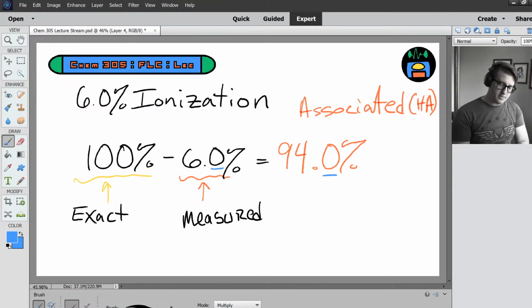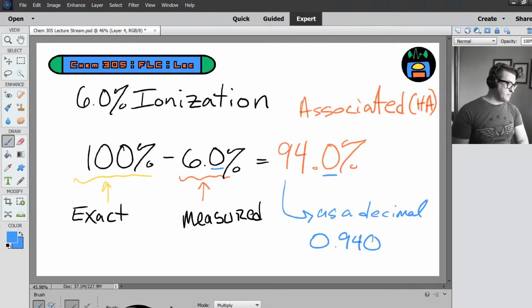So our answer has to be precise to the first decimal place. And when you write 94.0 as a decimal, it's 0.94, but then you have to have the same number of sig figs. So that's the reason why it's 0.940. It has to do with this subtraction when you subtract 6.0% from 100.